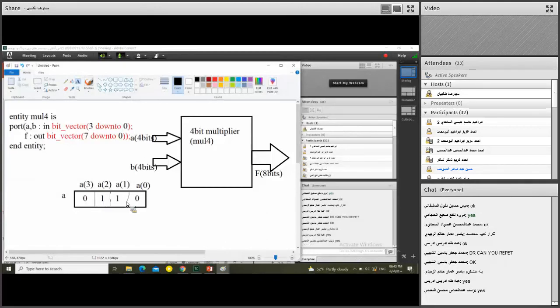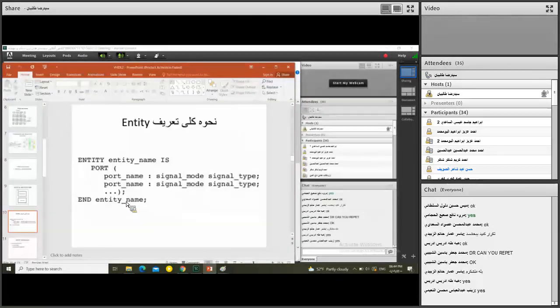Okay, then now we want to continue our speaking by first going to the slide. As you can see, entity definition, entity declaration.